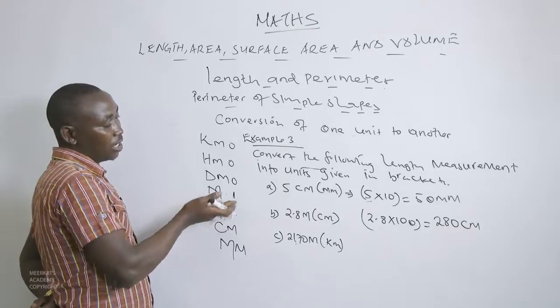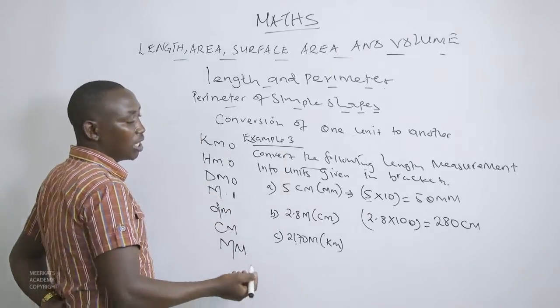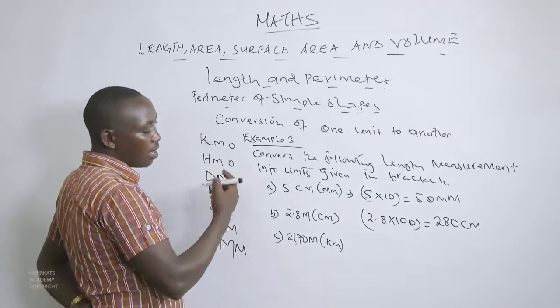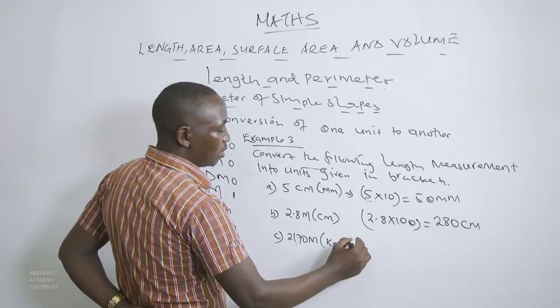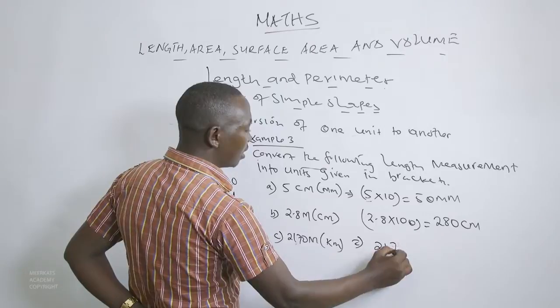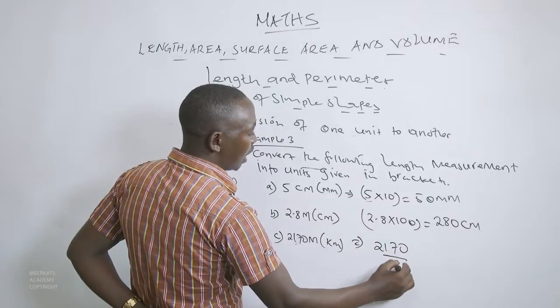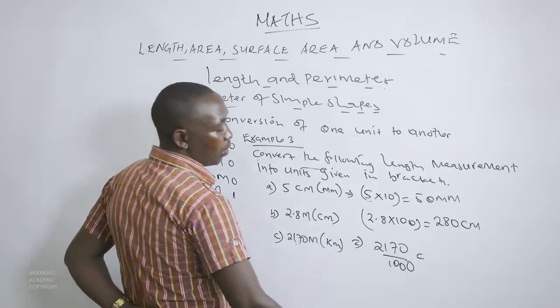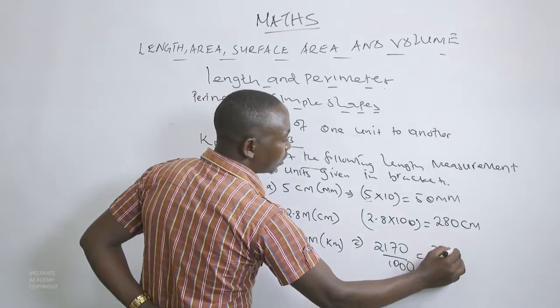So this shall be 2170 divided by 1000, which shall give us 2.17.